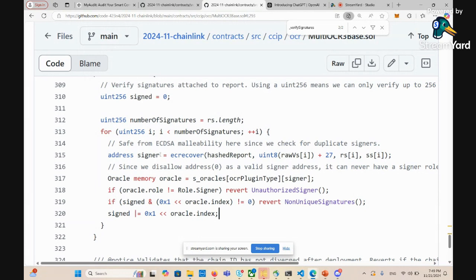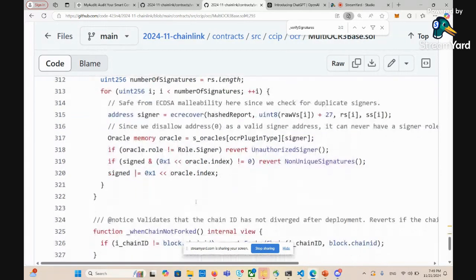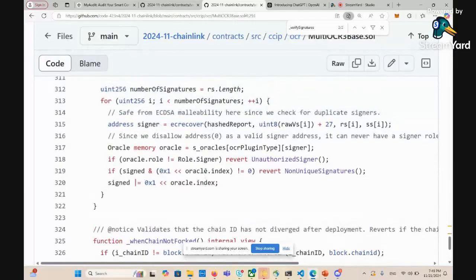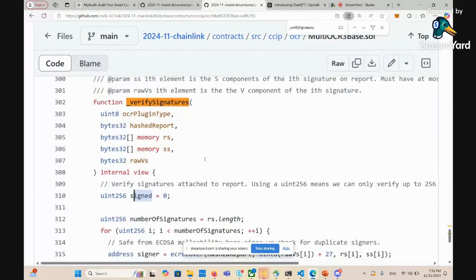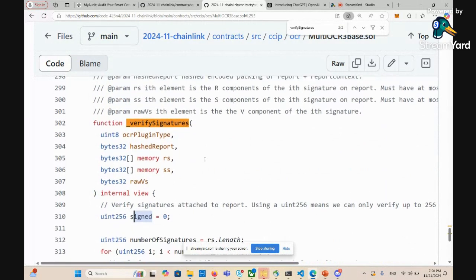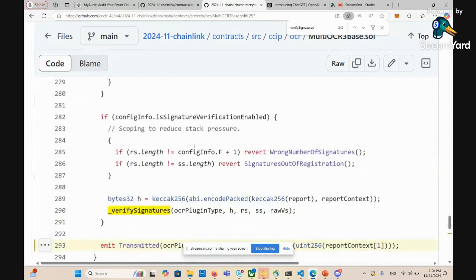So they're using one variable called signed, which takes 256 bits. So every bit will represent one signer. If it's set to 1, that means you already signed it. And if not, then you have not signed it. So using that, you can detect duplicates over here. So it's just a very normal way of checking duplicates using a bitmap. So that's how they check the signature.